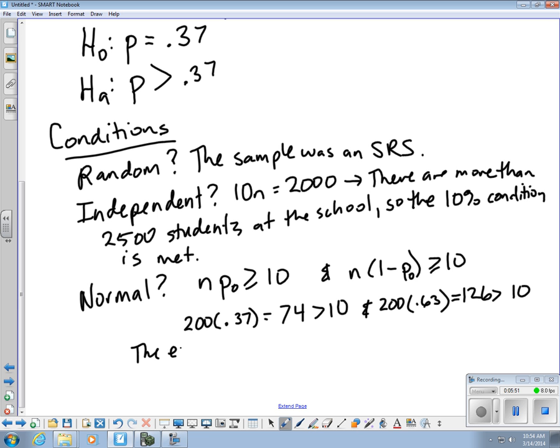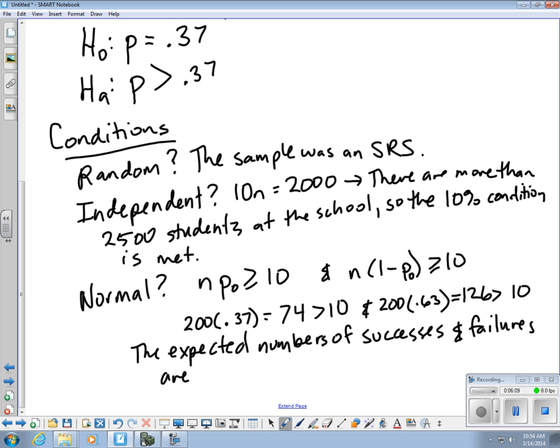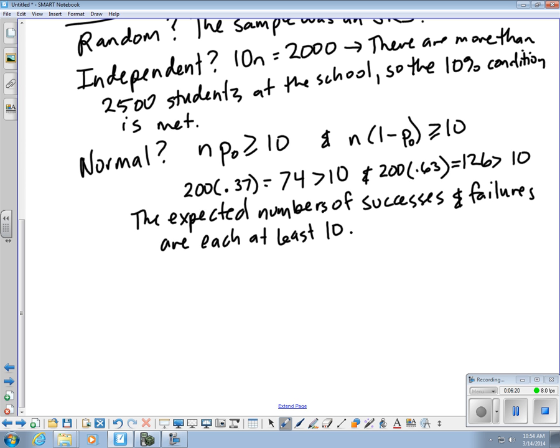The expected number of successes and failures, or expected numbers, I guess, are each at least 10. So we've met that condition as well. So all of our conditions are met, and we can proceed to calculations.